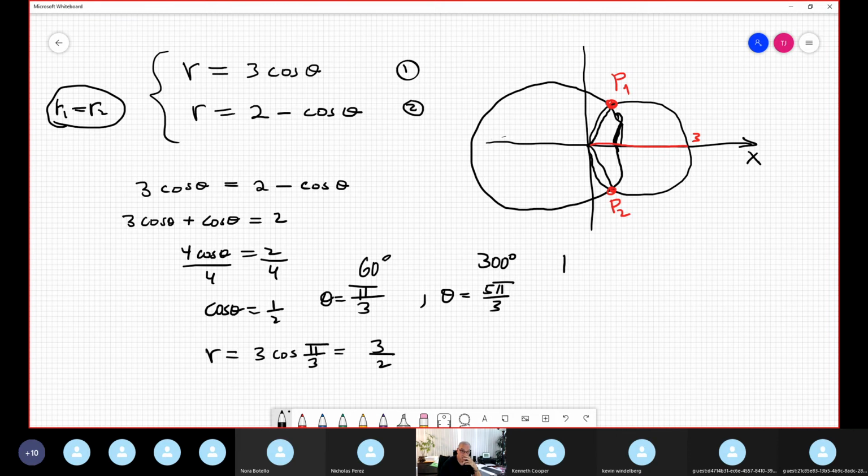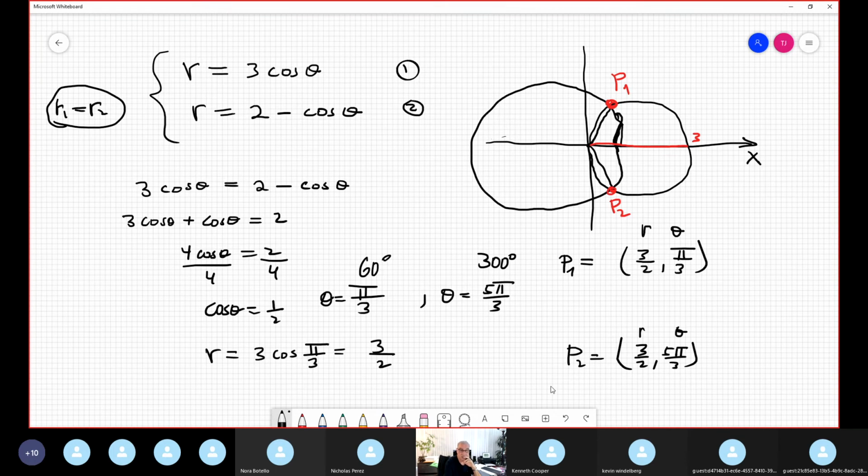Okay, P1 is the famous point 3/2, comma pi over 3. This is in polar format, R, theta. And P2 is the same, 3/2, comma 5 pi over 3. R and theta.